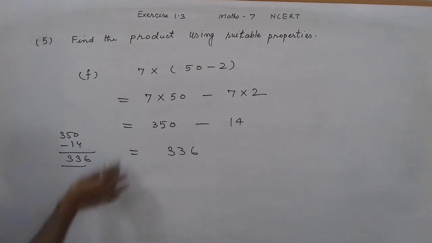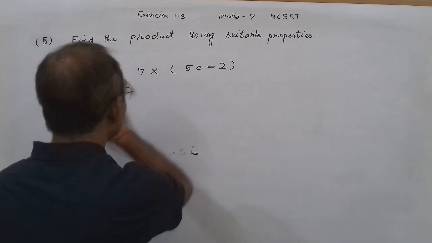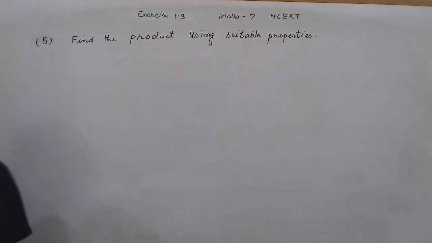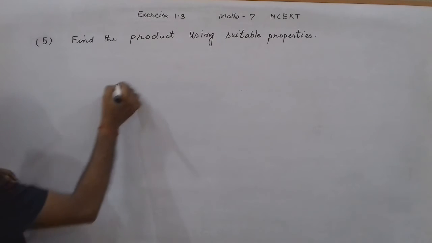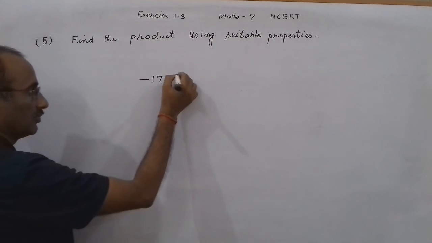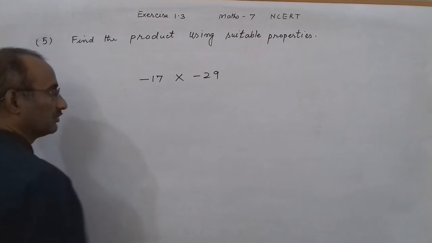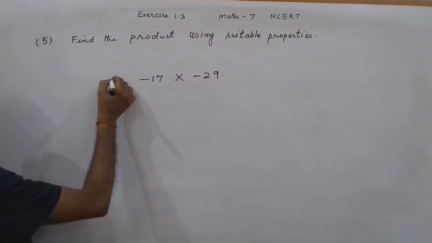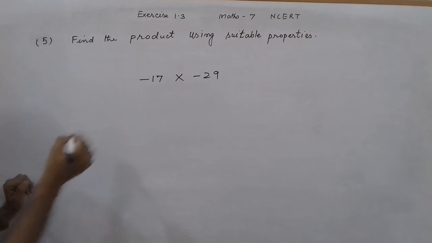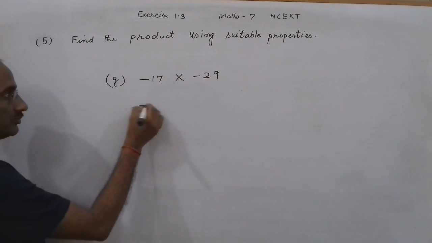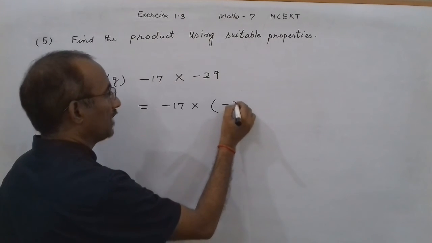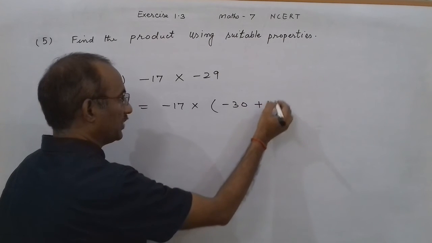Now see the next question. We have minus 17 multiplied with minus 29. This is written as minus 30 and plus 1.